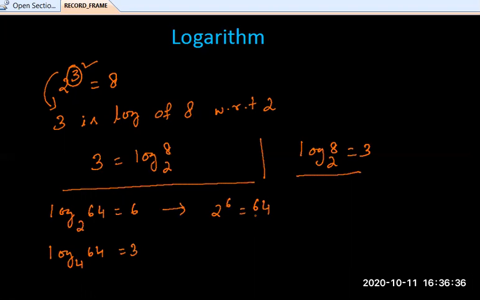Therefore, the logarithm of 64 with respect to base 2 is equal to 6. In this case, 4 to the power 3 is equal to 64. Therefore, the logarithm of 64 with respect to the base 4 is 3. This means the logarithm of the same value may be different. It depends upon the base.